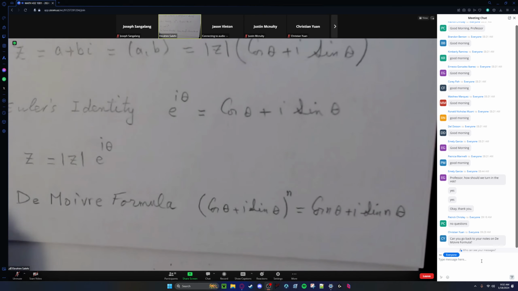This last line. All right. Any comment about this De Moivre formula, Christine? Or you just wanted to write it down?